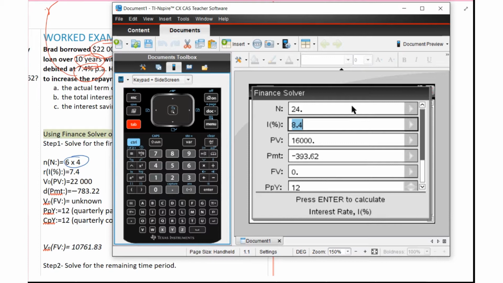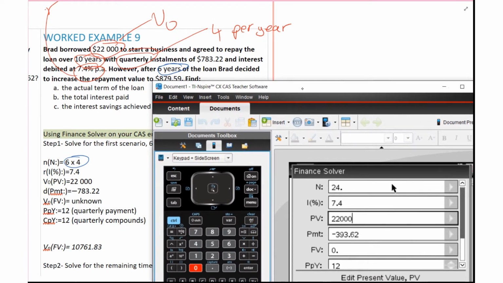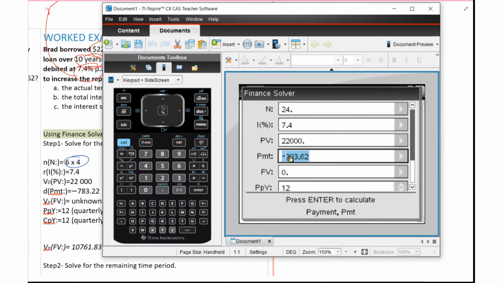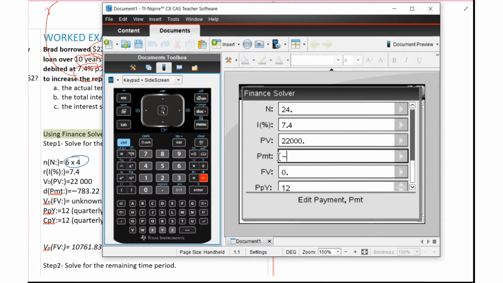My interest was 7.4. My principal was 22,000. My initial payments here was 783.22, just to show you where that was coming from. And again, remember, because I'm repaying, that's negative 783.22. My final value, I don't know, because remember it was going to be for 10 years. It's not now.